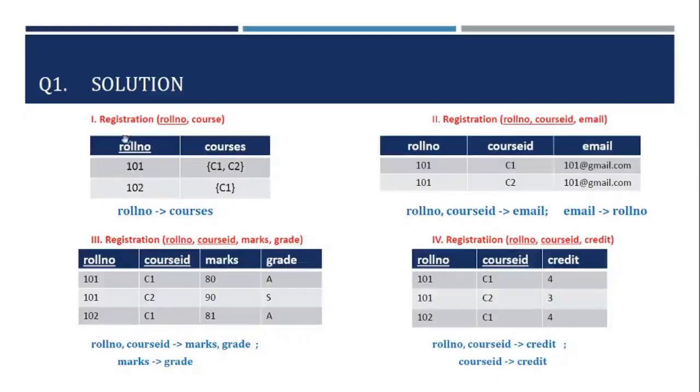So this is our schema 1. And the functional dependency that holds in this schema is: if two roll numbers are same, then the set of courses registered will be same.